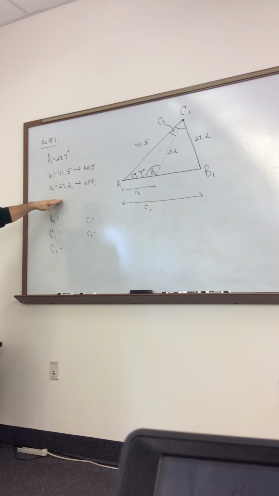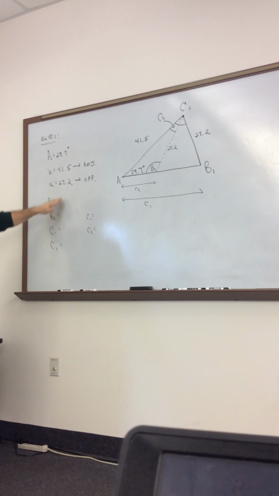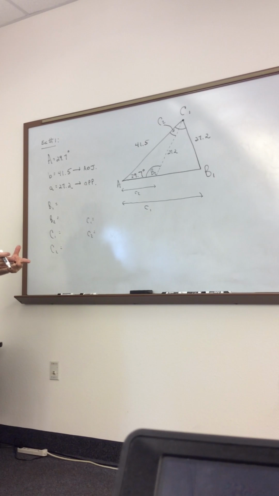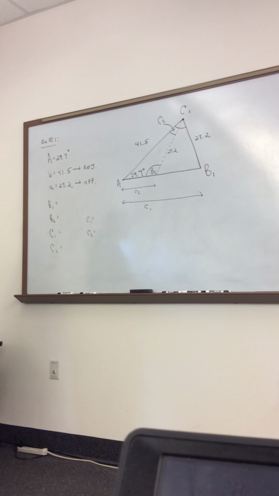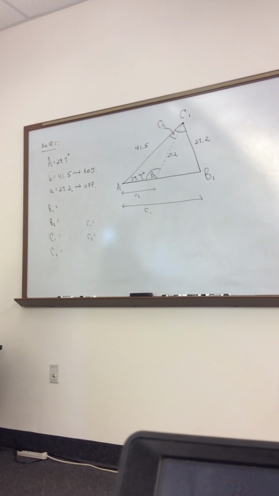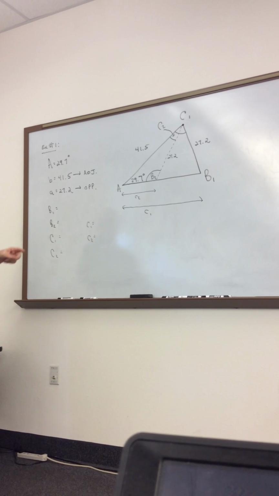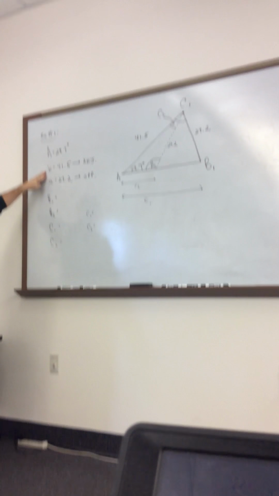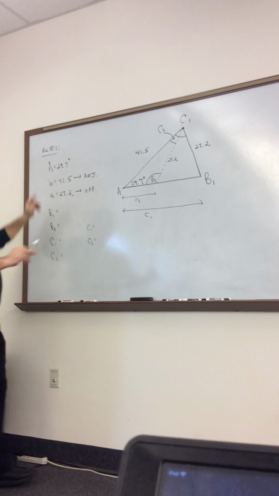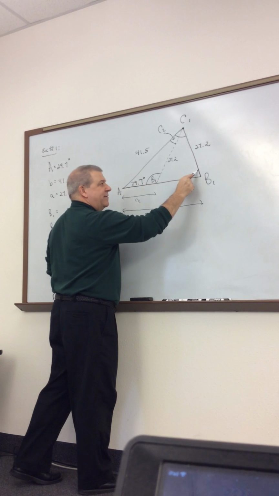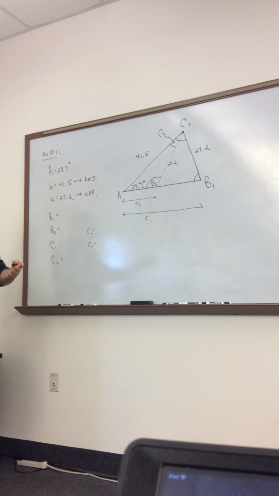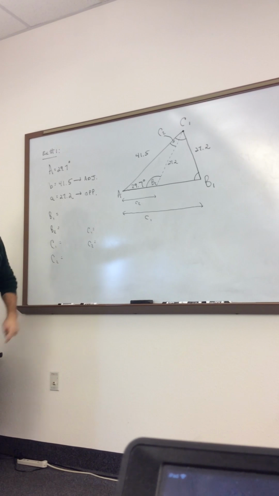Okay, now, these angles are all going to come pretty quick. What's the first thing you have to do? Now, I want you to do this in your notebook. Have your calculator there. What's the first thing you're going to write down? You're going to write down a proportion using the law of sines to find that, right? Now, somebody, give me the proportion. You've been doing this since last week.